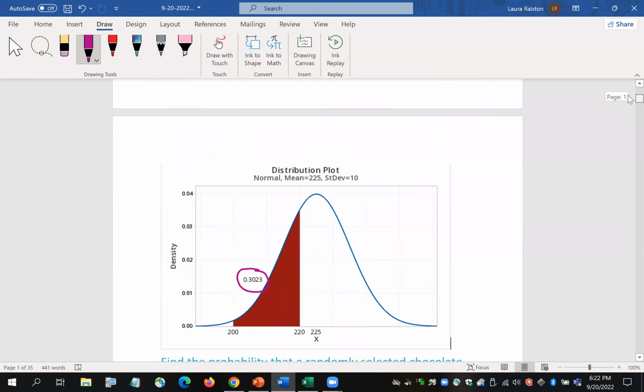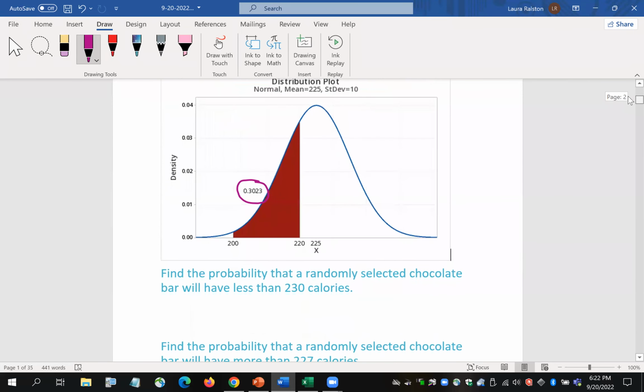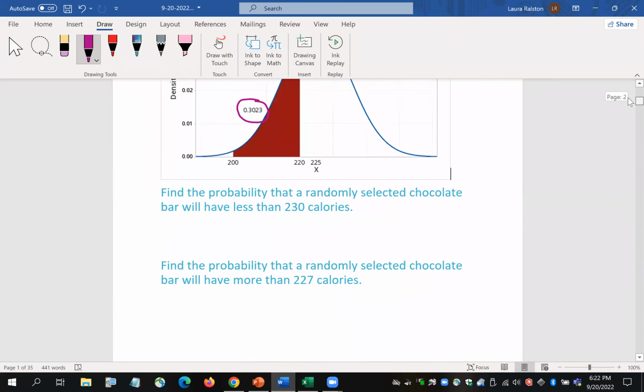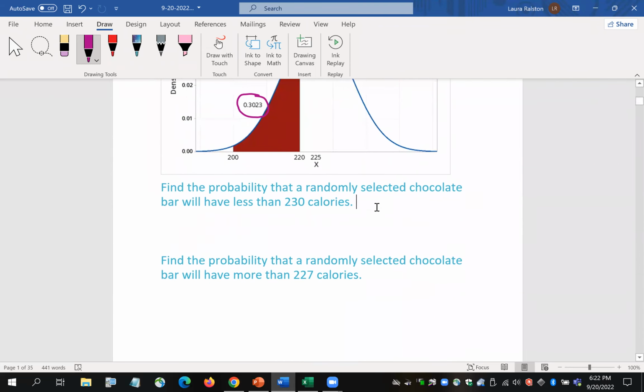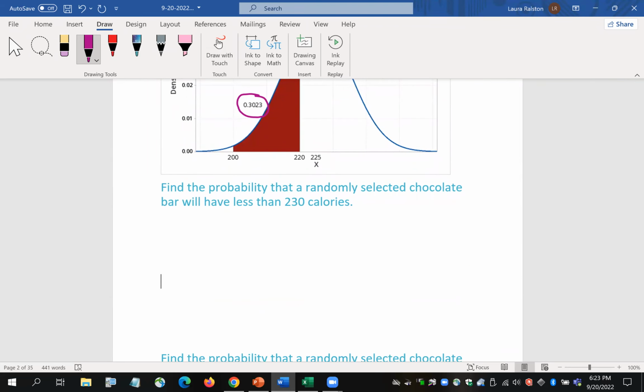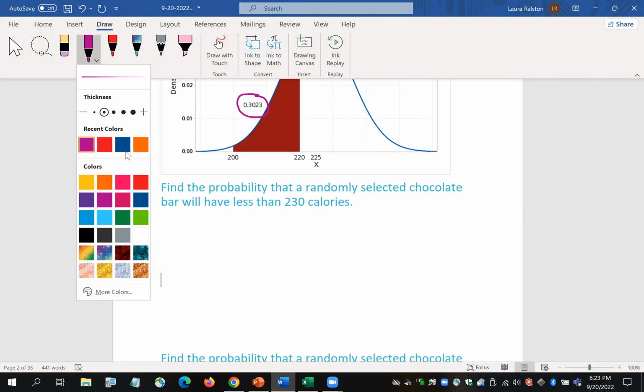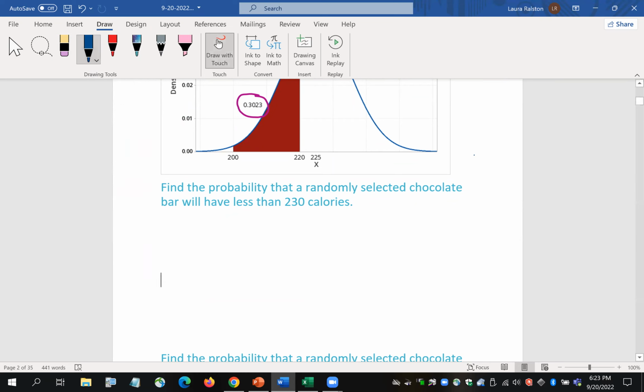Okay, considering that same scenario, chocolate bar, calories have a normal distribution with a mean of 225 and a standard deviation of 10. Let's look at this second question. It says, find the probability that a randomly selected bar will have less than 230 calories.